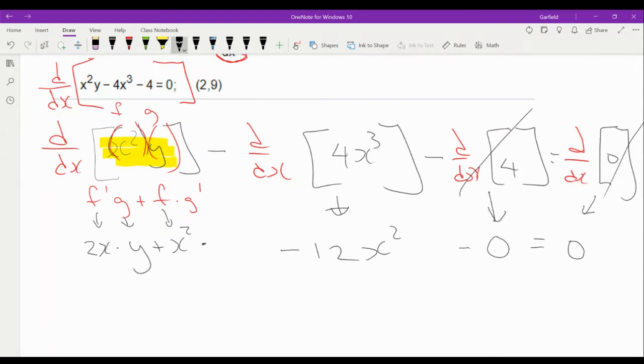And what is g prime equal to? dy by dx. Very good. All right, so don't forget that, because these variables are, once again, different. And when they're different like that, then we have that dy by dx in the problem.